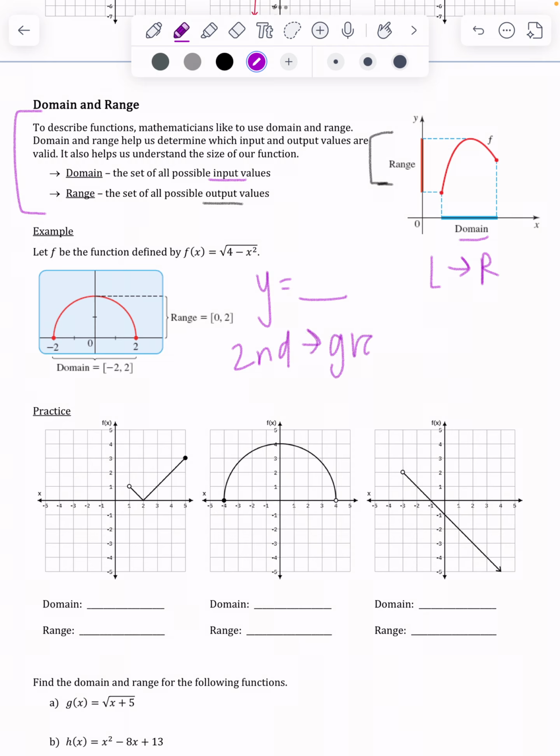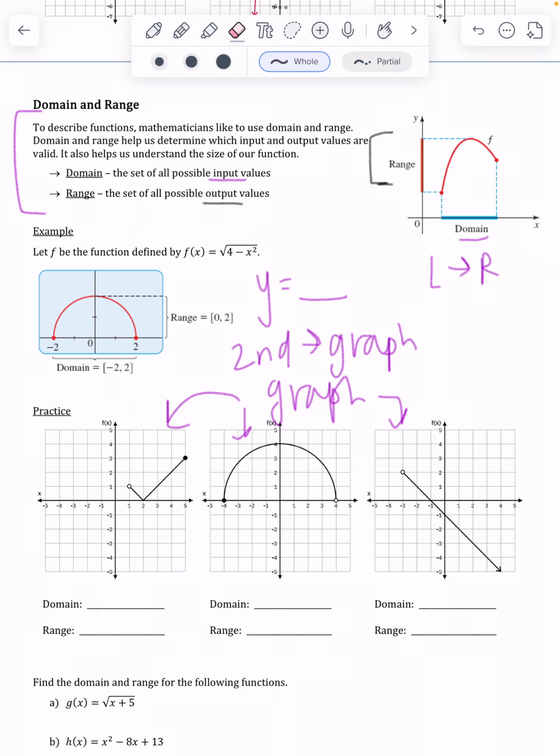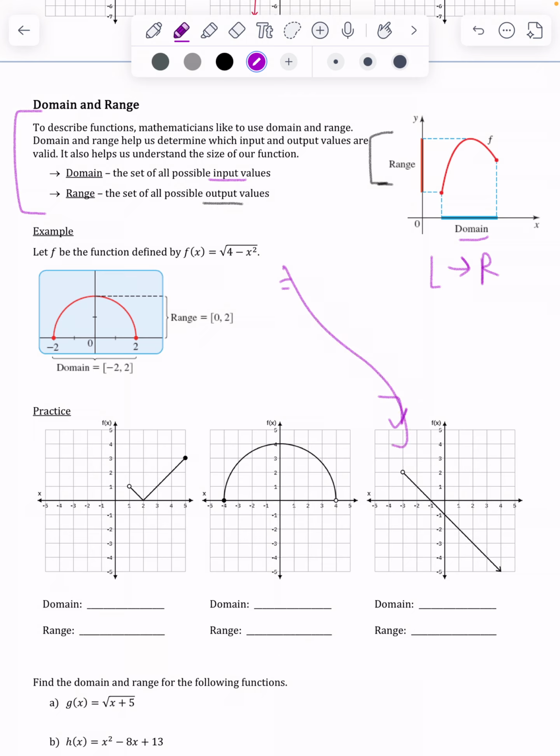Second graph will give you the table, or you can just go to graph, and that will give you the picture. And from the picture, we can get domain and range. So let's say I did all that. And let's say I put this, and maybe you want to try this, put this in your calculator and see if you get this. And so pause the video if you need to.